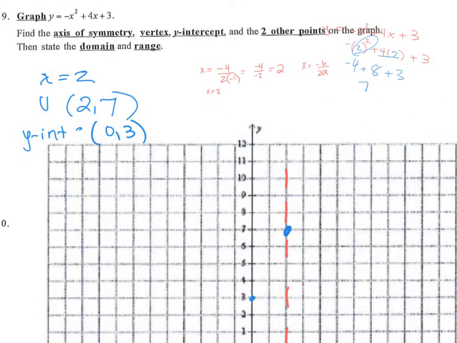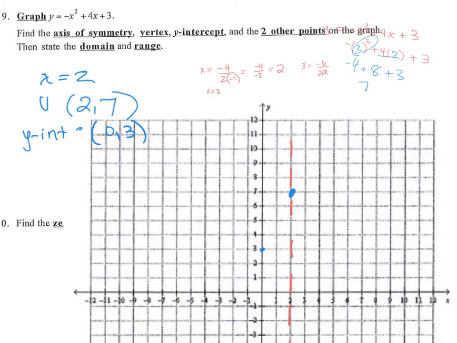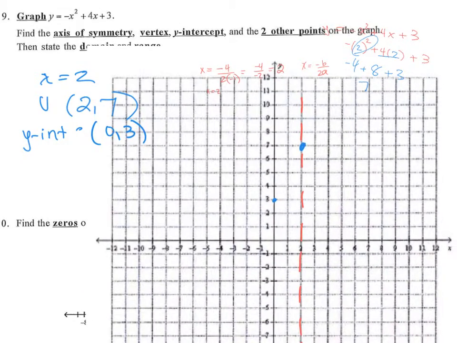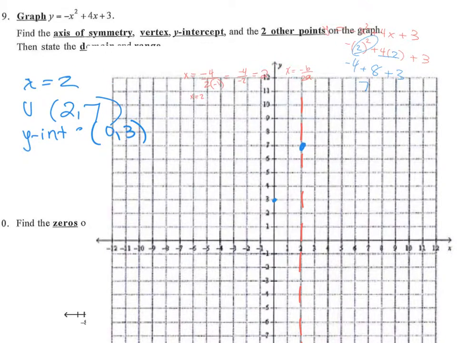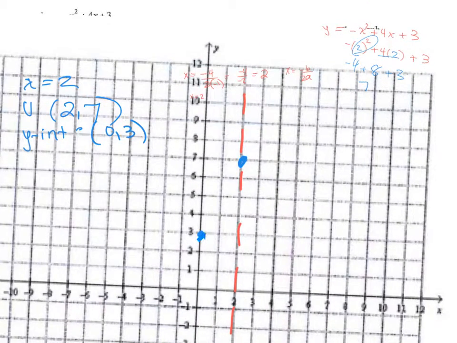So then they want to know 2 other points. Well, the first one could be gotten by reflecting the y-intercept over the axis of symmetry. That's 1 extra point, correct? So if I reflect this, my y-intercept is located at the 3, and if you look at the axis of symmetry, it's 1, 2 to the left.